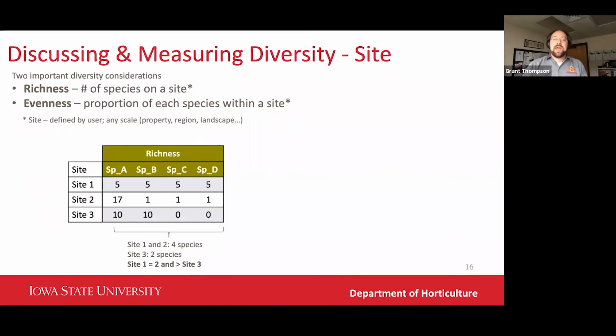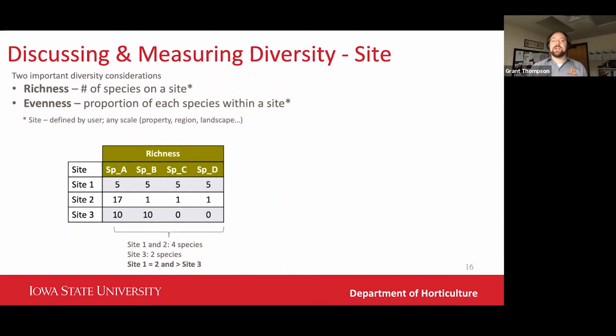So when we look at plant diversity, usually at a site scale, and I'll come back to that site definition in a minute, we're looking at 2 variables. We're looking at richness, which is strictly a measure of the number of species. And this was always typically done at the species level, although we could look at different taxonomic levels. And we're looking at evenness, which is the proportion of a species within an individual site.